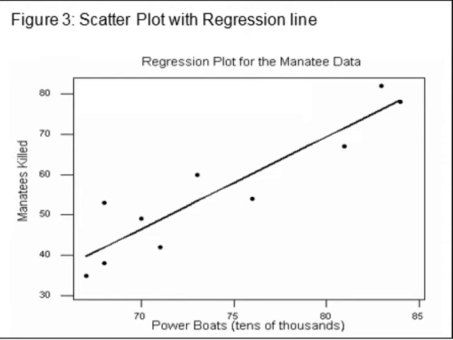Using my equation, one example of interpolation is 2.274 times 70 minus 112.709 equals 46 dead manatees. Using my equation for one example of extrapolation is 2.274 times 200 minus 112.709.